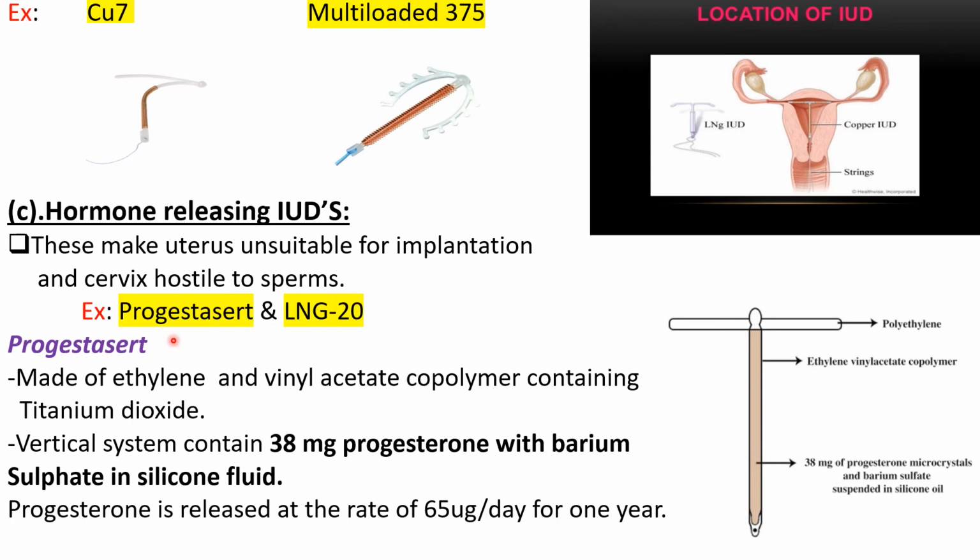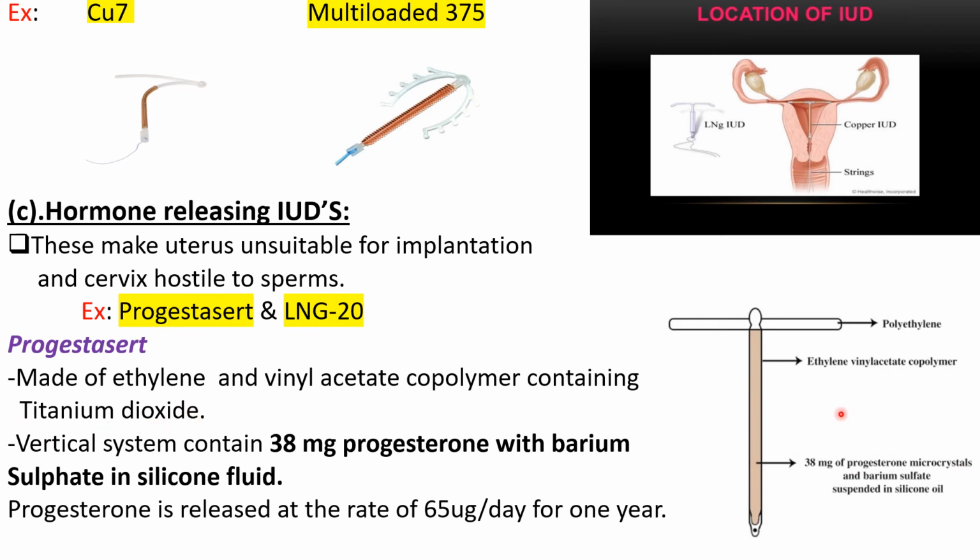Here, two examples are mentioned. One is Progestasert, another one is LNG-20. Let us talk about each example. First is Progestasert. It is made of ethylene vinyl acetate copolymer, and it contains titanium dioxide.